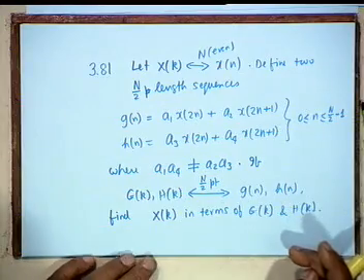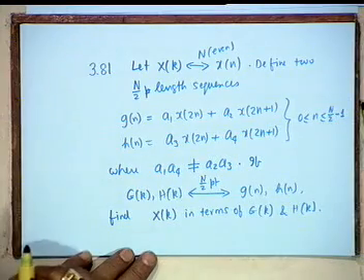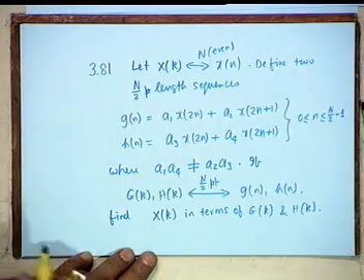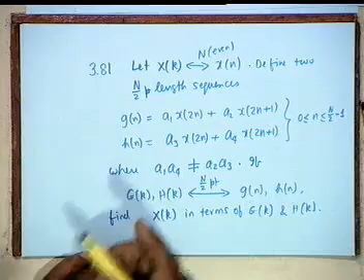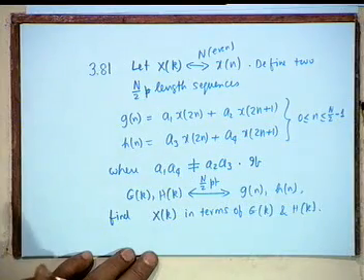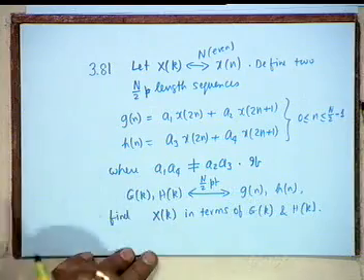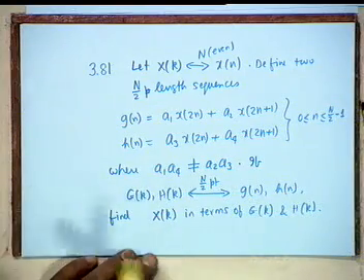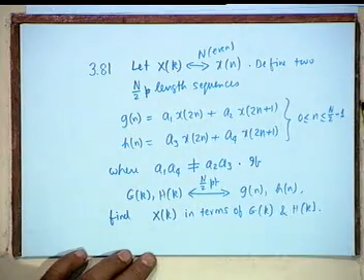Now, is the problem understood? We have defined 2 capital N by 2 point sequences, this is why capital N was even, by linear combinations of even numbered samples and odd numbered samples in 2 different ways, and we have taken the DFT of each.